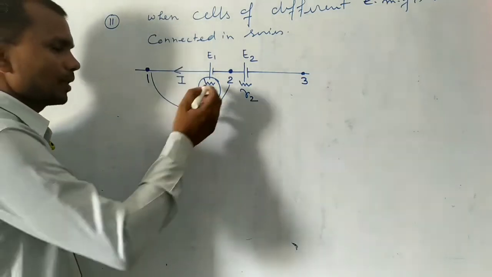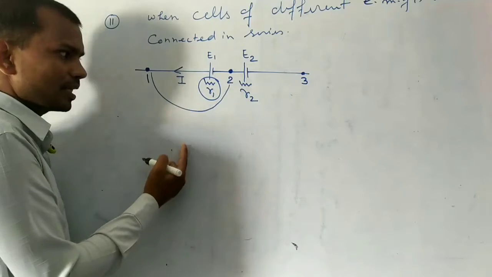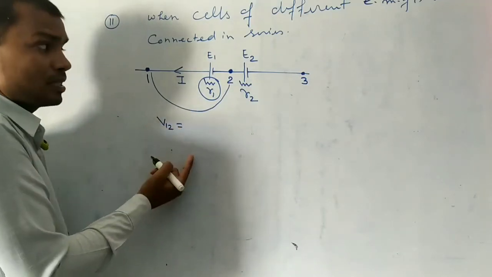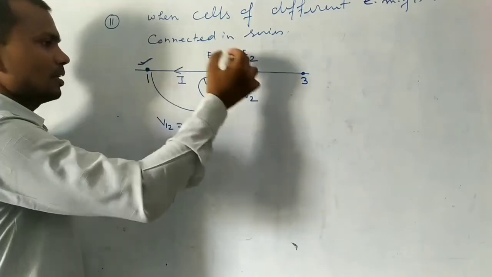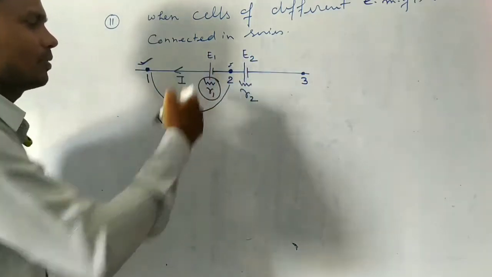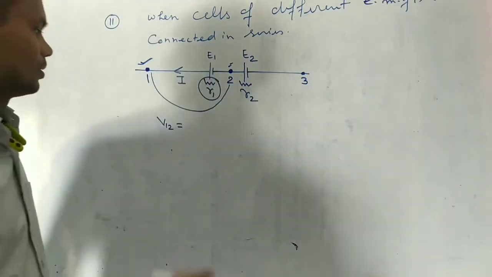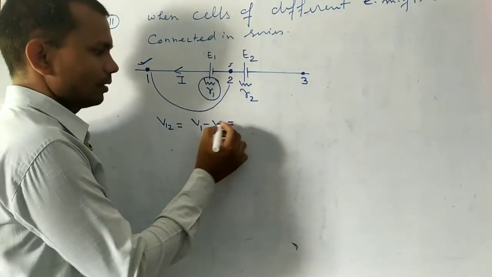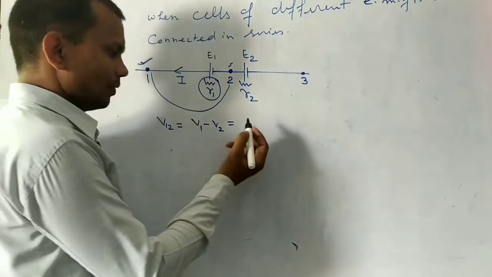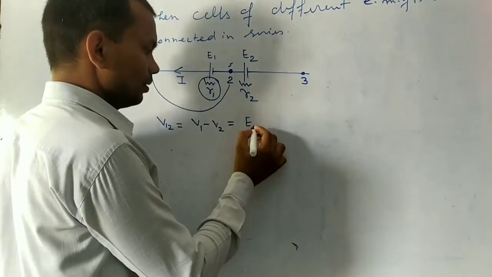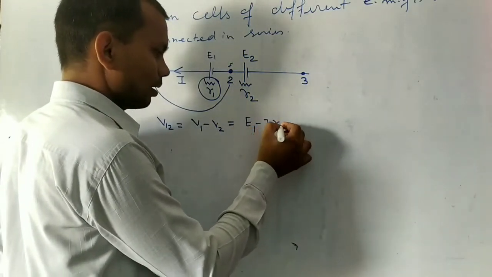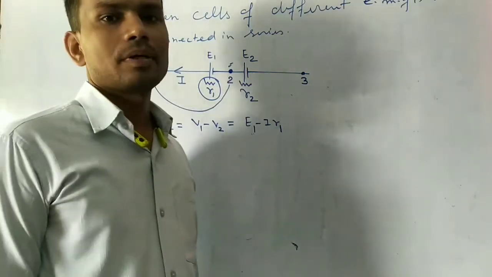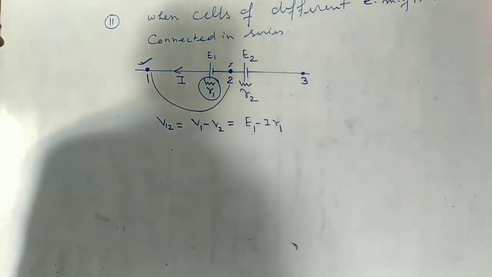Suppose this is V12. Here point 1 has higher potential and point 2 lower, because one is positive and the other negative. So V1 minus V2 equals E1 minus I R1. This is the relationship between terminal potential, EMF of the cell and internal resistance, right?